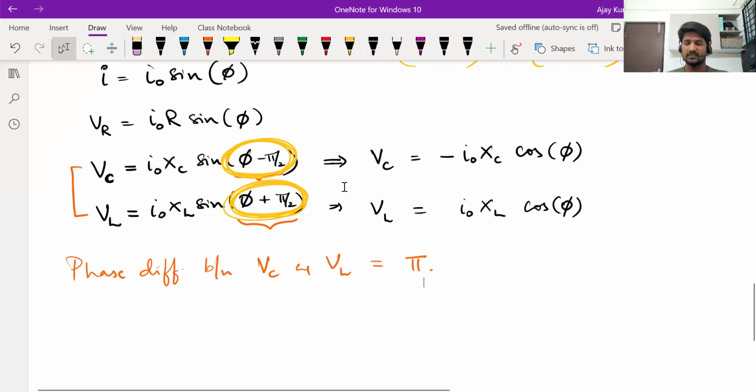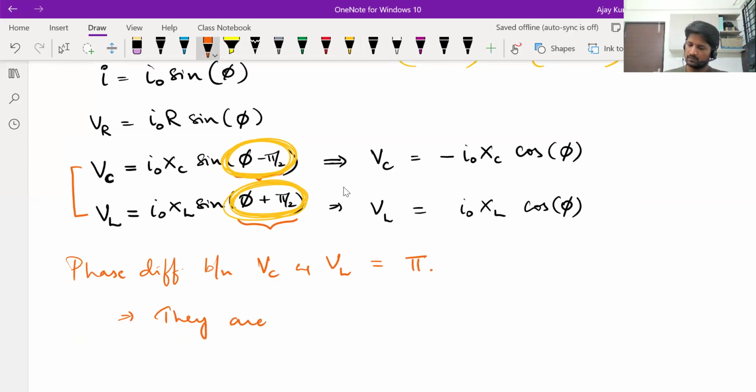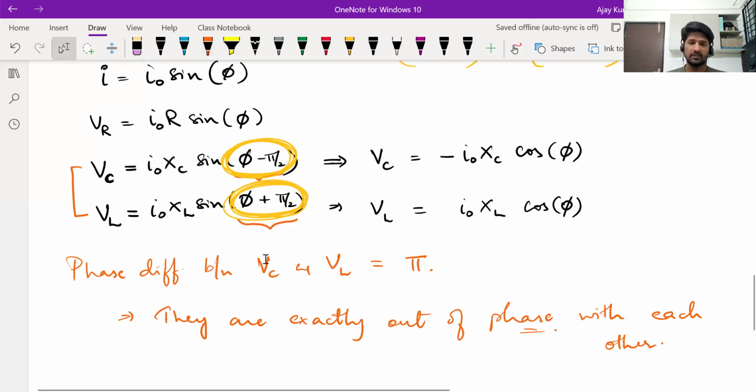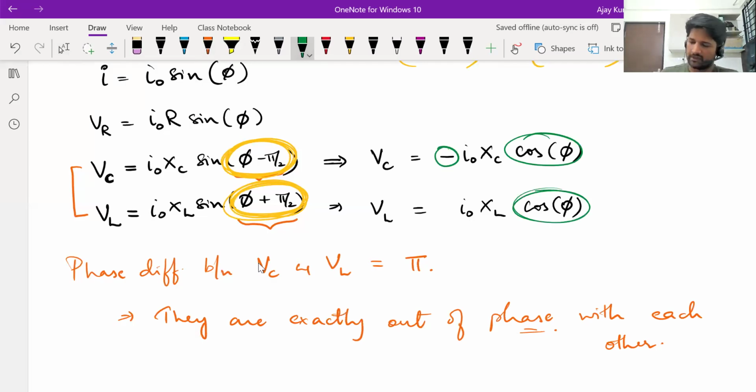Now listen, a phase difference of pi is an interesting thing. When two sinusoidal functions have a phase difference of pi, we say they are exactly out of phase with each other. What do we mean by that? If you observe, one of them is the minus cos function and the other is the plus cos function.